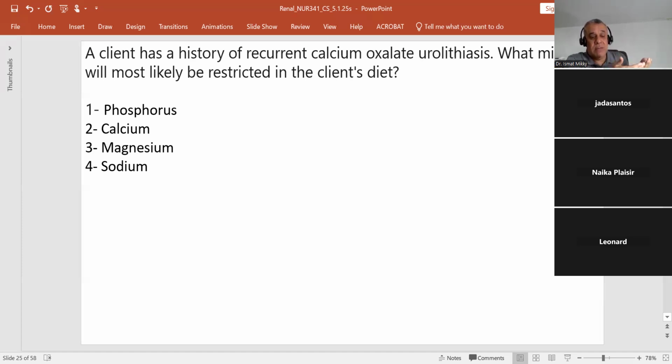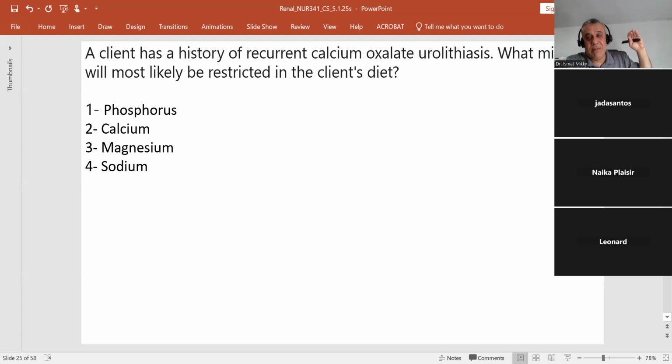So a high sodium diet may precipitate calcium stones, because high sodium results in more calcium excretion in the urine and more calcium deposition, making stones more likely to form.